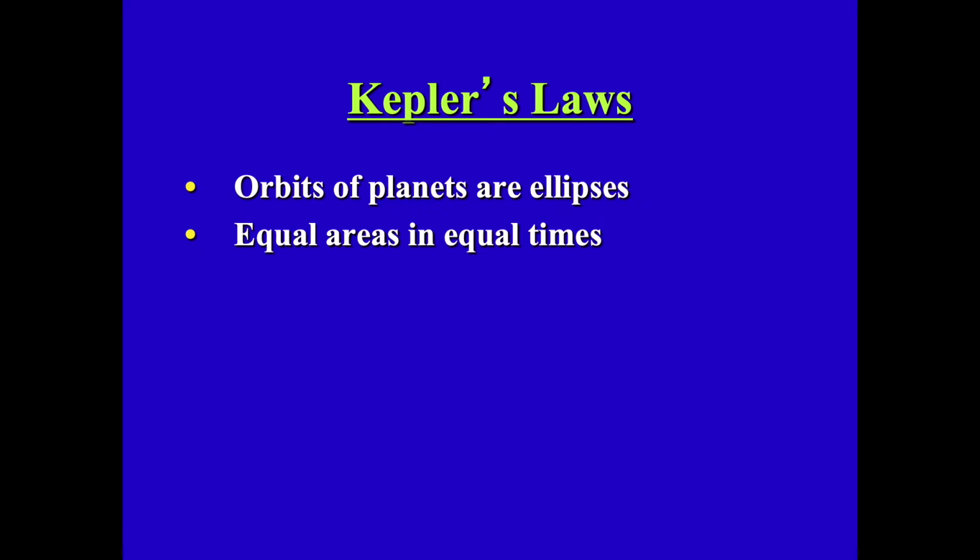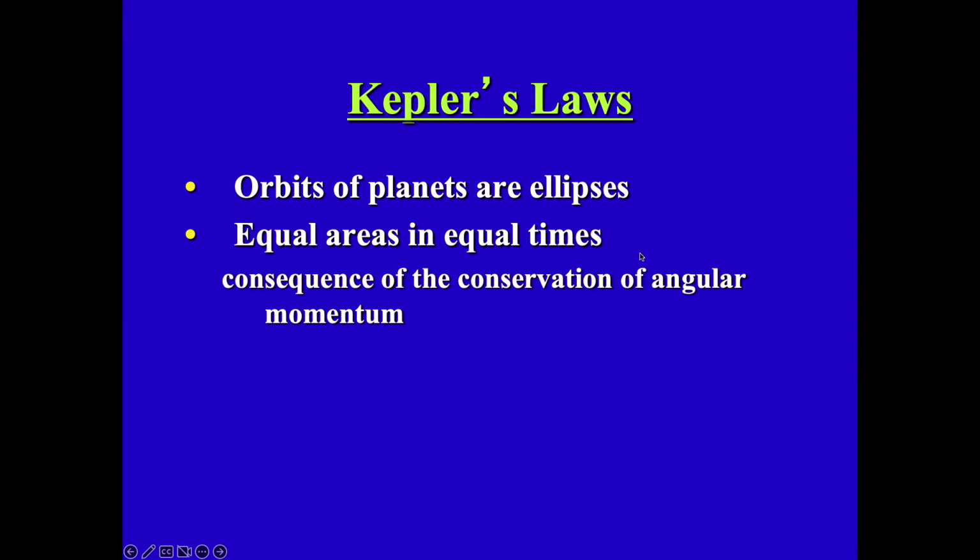We're going to derive this idea using Newton's law of gravitation. This is really a consequence of conservation of angular momentum. In fact, we're not really going to apply the law of gravitation specifically. We're going to write this in terms of conservation of angular momentum.